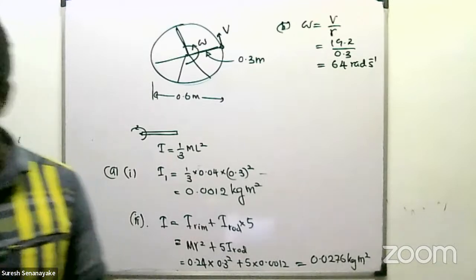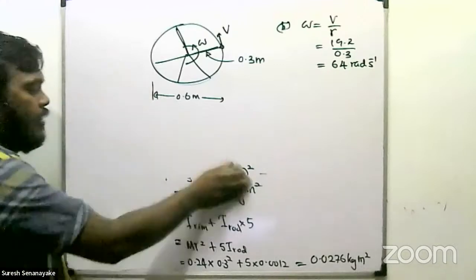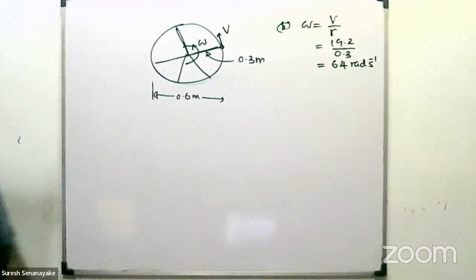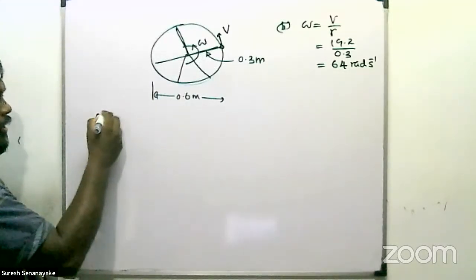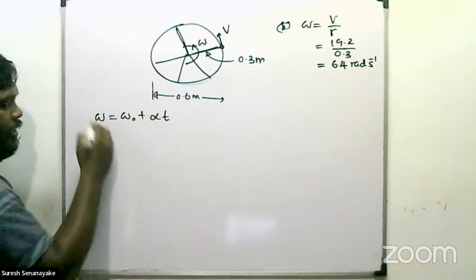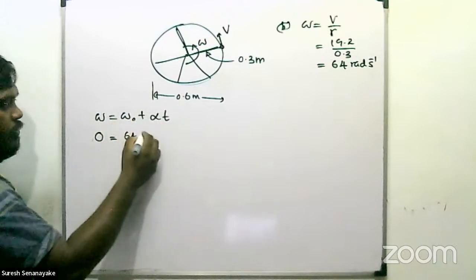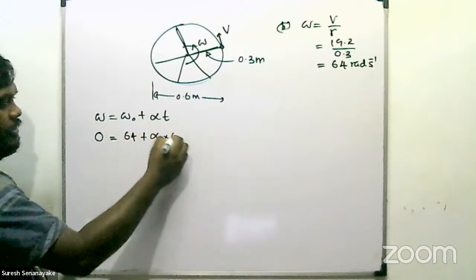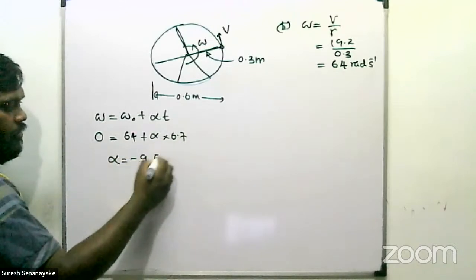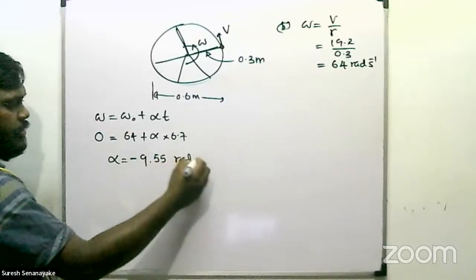Angular acceleration you can find easily, then use the kinematics equations. That's omega equals omega naught plus alpha t. The omega is 0 because it's come to rest. Initially, this is 64. Alpha times 6.7. Alpha you can write is minus 9.55 radians per second squared.